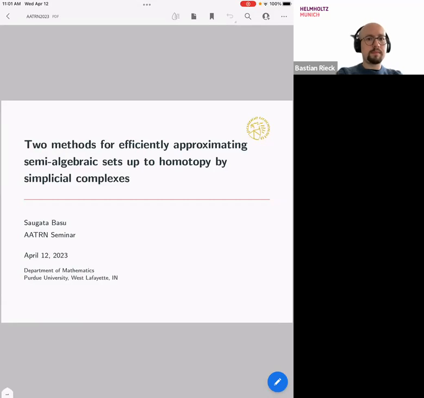But here we are going to start with semi-algebraic sets. And so maybe the notion of computing or algorithms in semi-algebraic geometry may not be as familiar to this community.